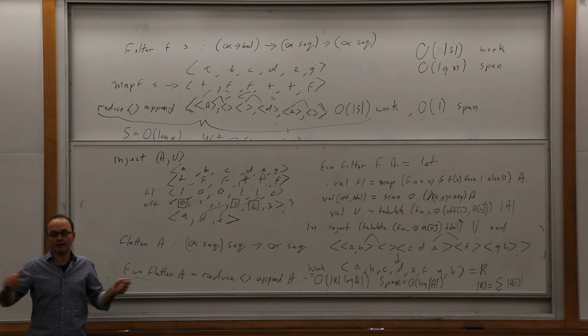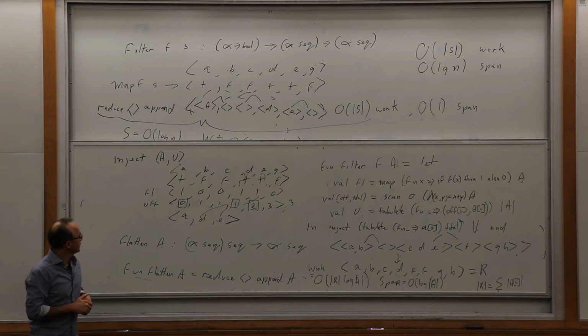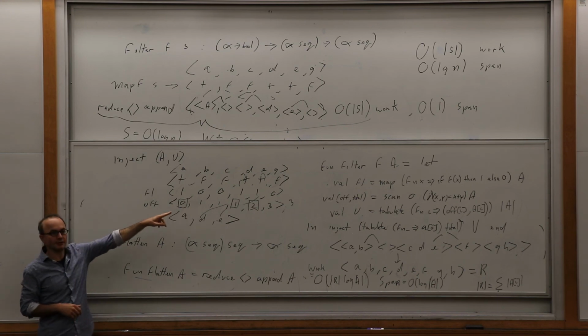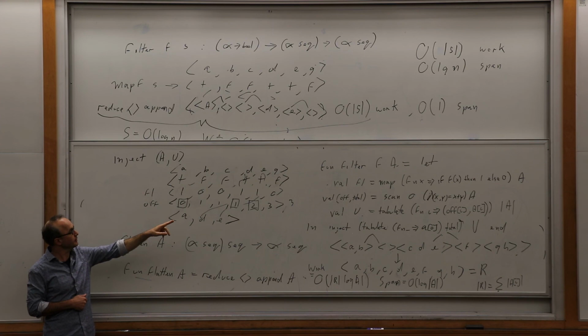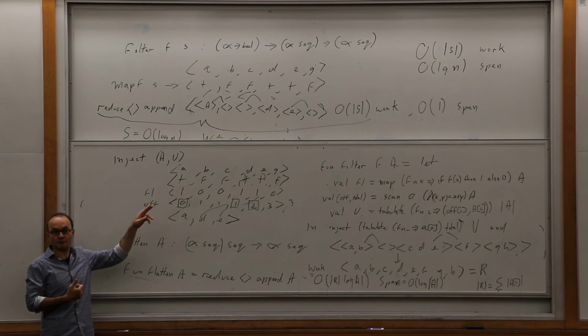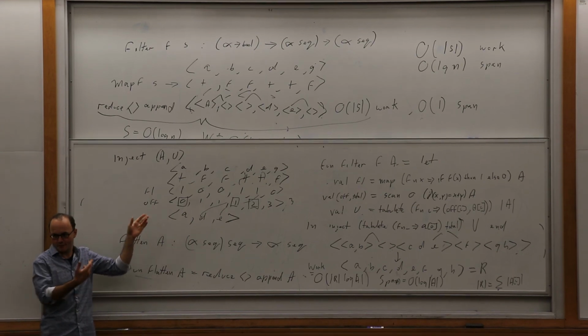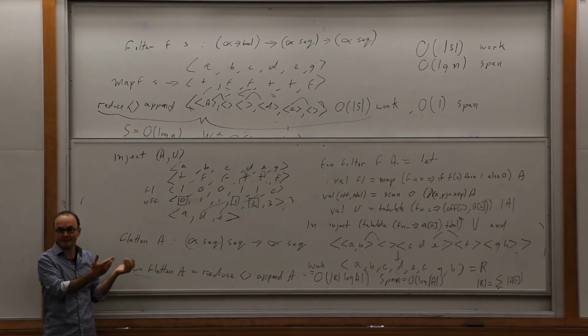It copies the whole thing and so on. Now, to implement filter perfectly efficiently using linear work and log span, we've used updates. In fact, we've used many updates, but we still didn't break the bank.